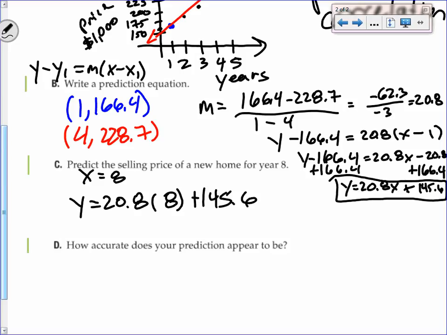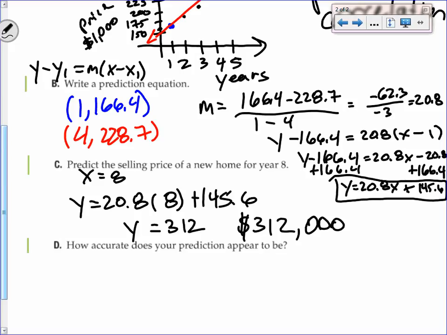So let's see, year 8, what a house costs. 20.8 times 8 plus 145.6 gets us 312. Y equals 312, and in our units, price is in thousands. So it's $312,000.